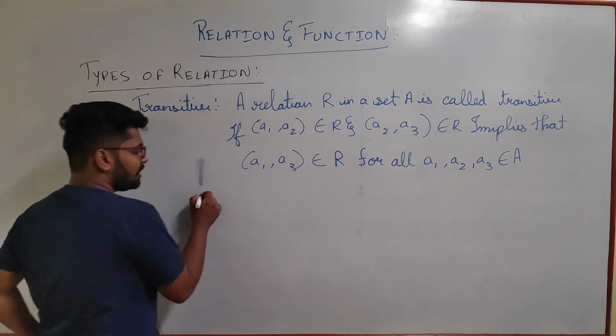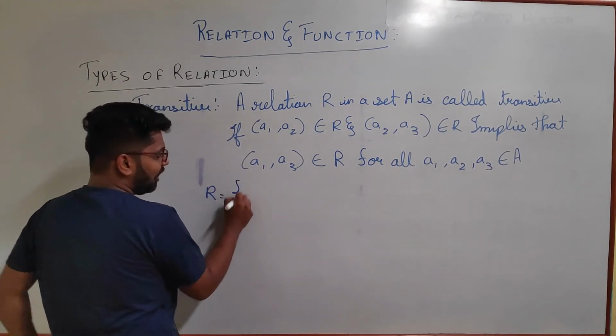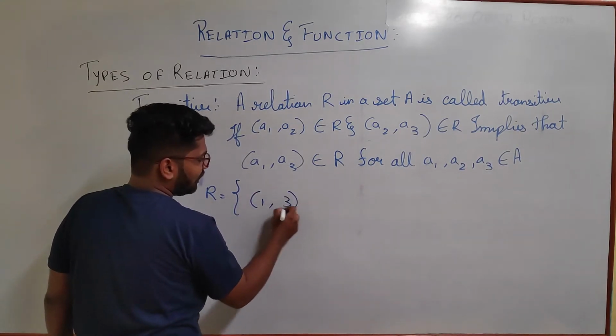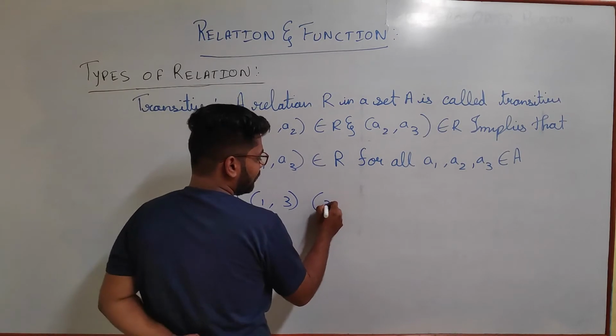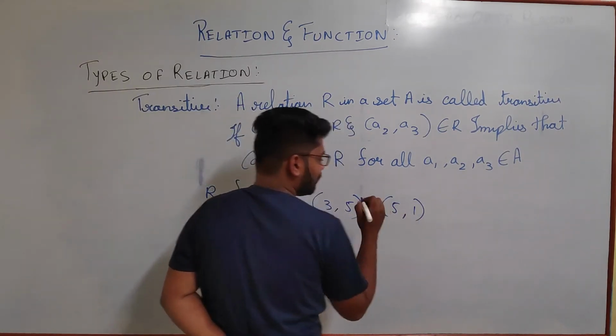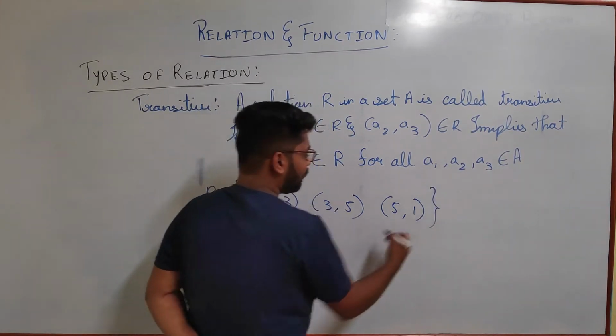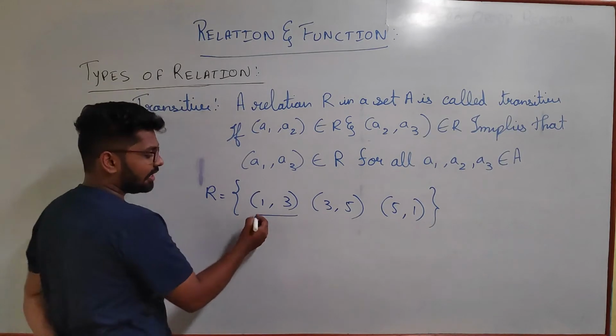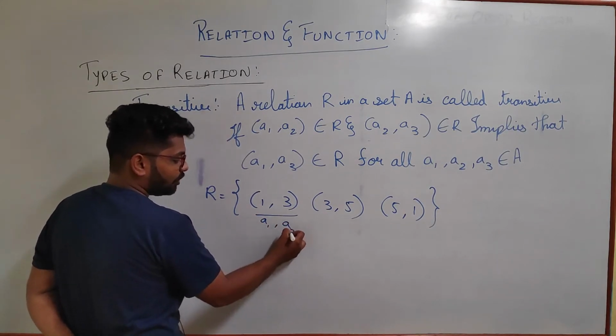Okay, so let me check here. I'll make out a relation like this, where (1,3) is present and (3,5) is present and (5,1) is also present. So now if you observe here, (1,3) is there, which is like (a1, a2), right?